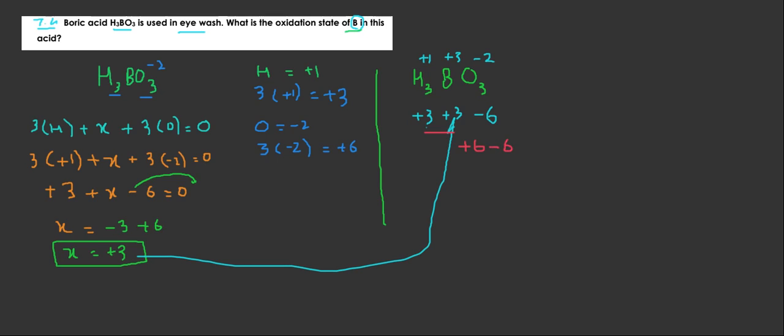So +6 and -6, as you know, they would cancel out and you will get 0 as a result. What does this mean? It means that we have calculated the oxidation state for boron correctly, because the algebraic sum is equal to 0.